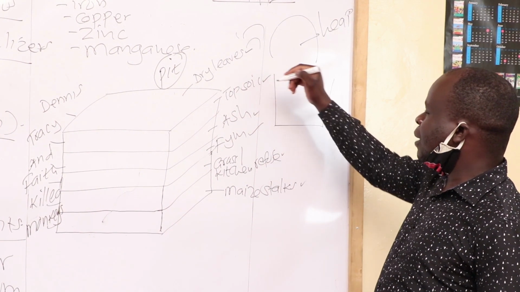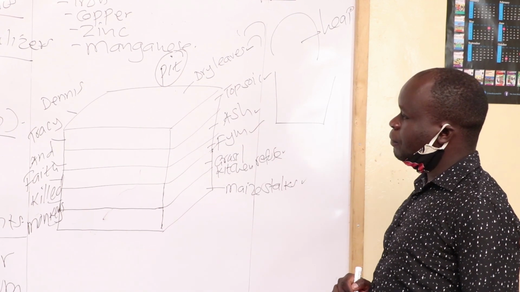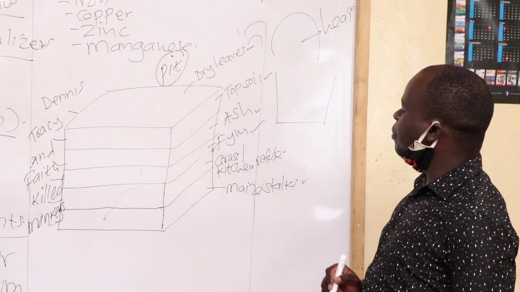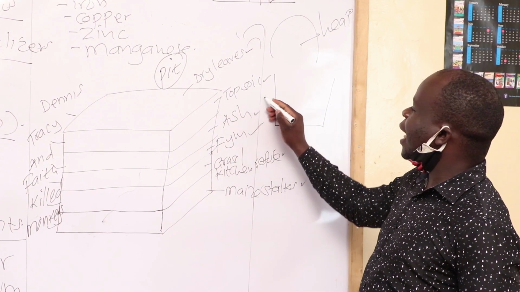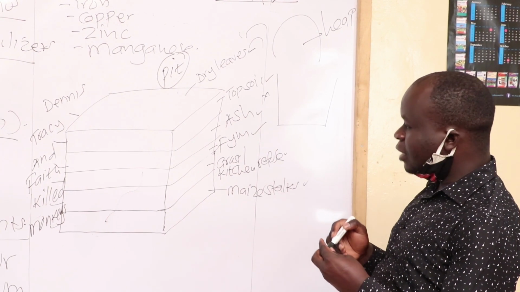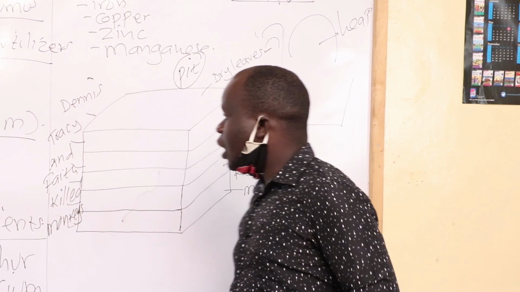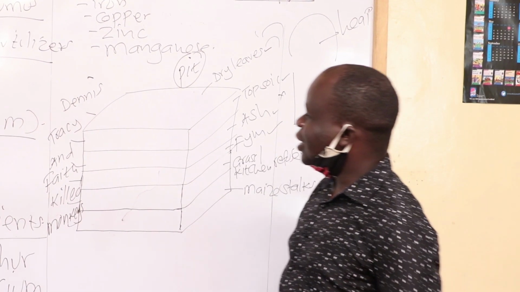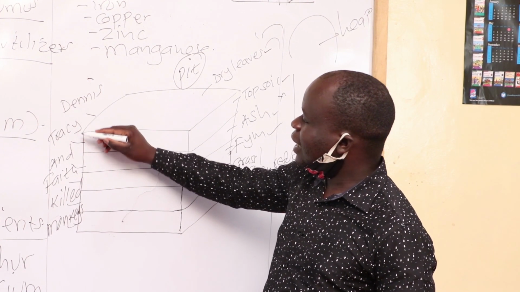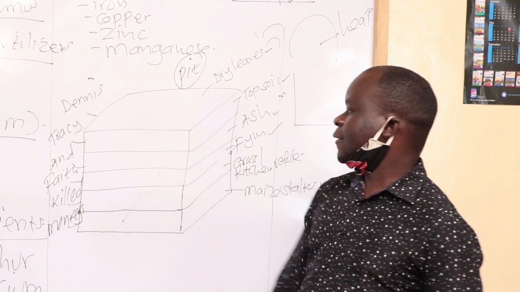And each and every material here has a purpose in this compost pit. And these materials, you have to arrange them in order, because in examination, they will ask which is layer X. So you have to identify them in order. And for you to identify them in order, I have given you this formula to help you. And some of you know it, just a little bit of revision. Dennis, Tracy, and Faith killed monkeys.